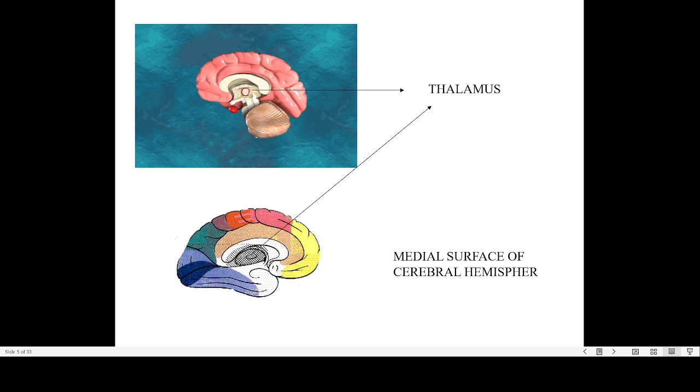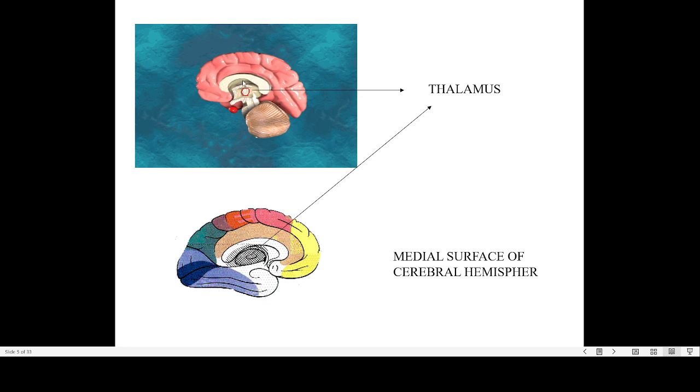Just you can see in this figure, the thalamus is this portion. This is the region of the third ventricle, because the lateral wall of the third ventricle is formed by the medial surface of the thalamus. Above this, the white color is the corpus callosum.